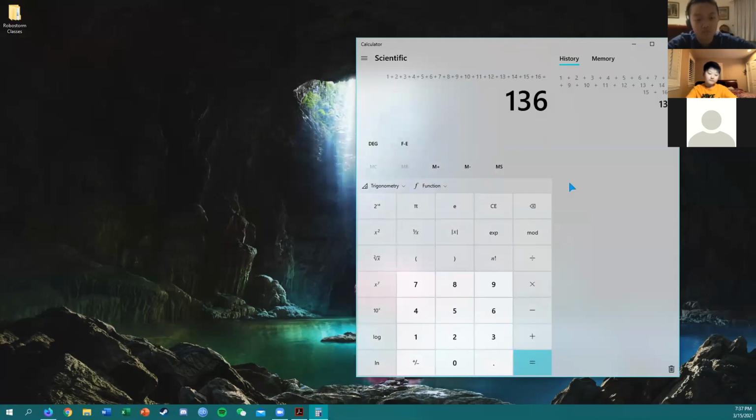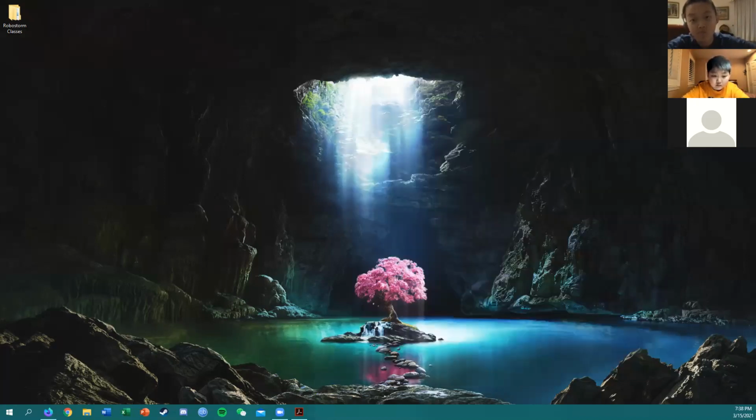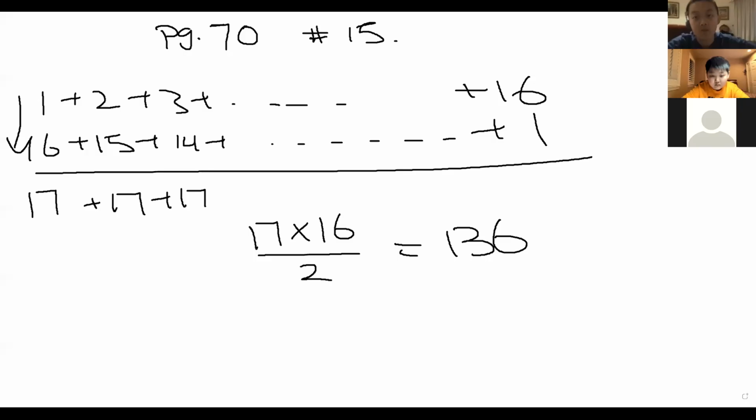You get 136, right? This is relatively shorter, which is why I use a calculator to show you. But you can confirm these are all the numbers from 1 to 16. Gave us 136 as an answer.